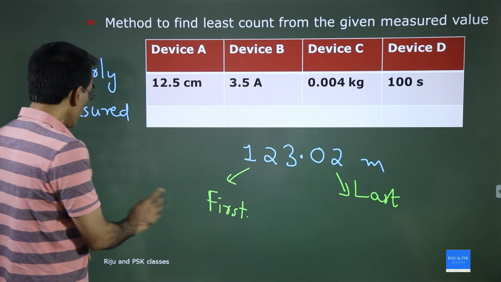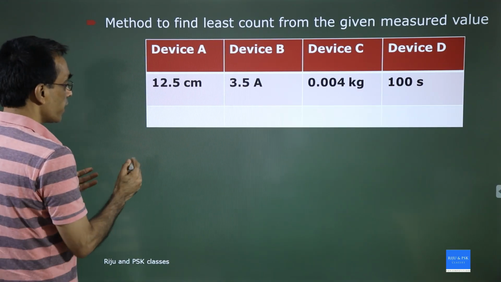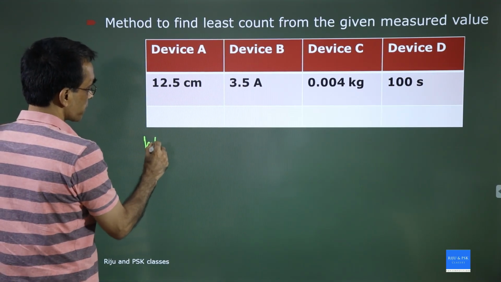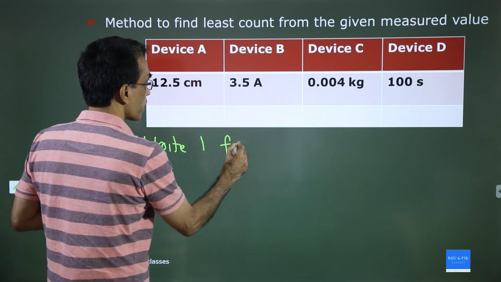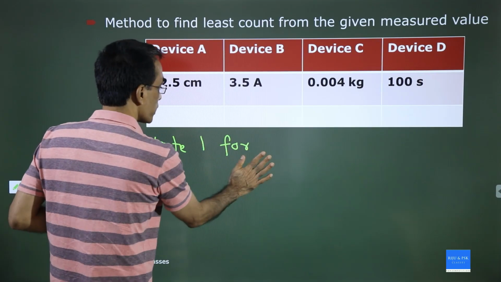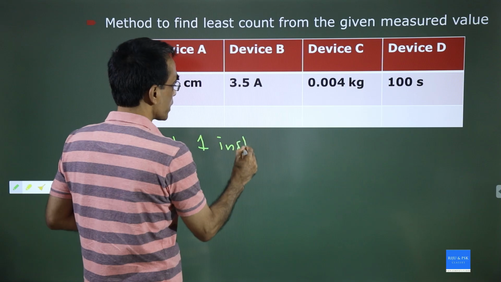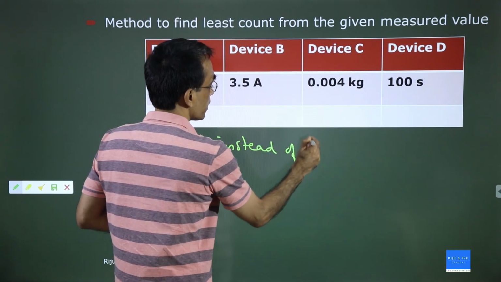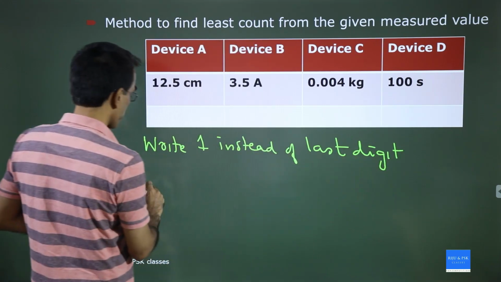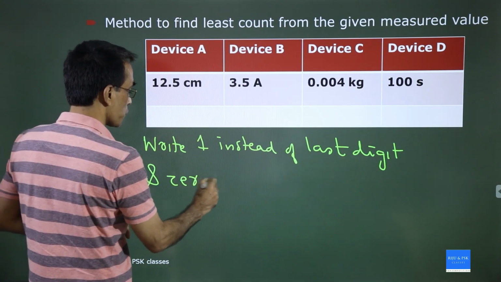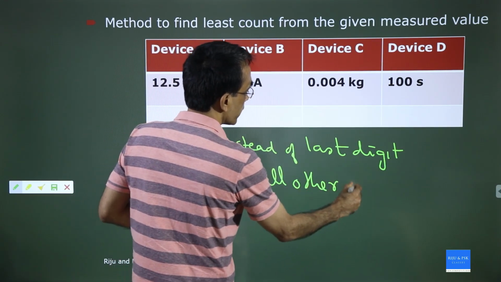Now I'll tell you the method of finding the least count. Write 1 instead of the last digit and 0 for all other digits.